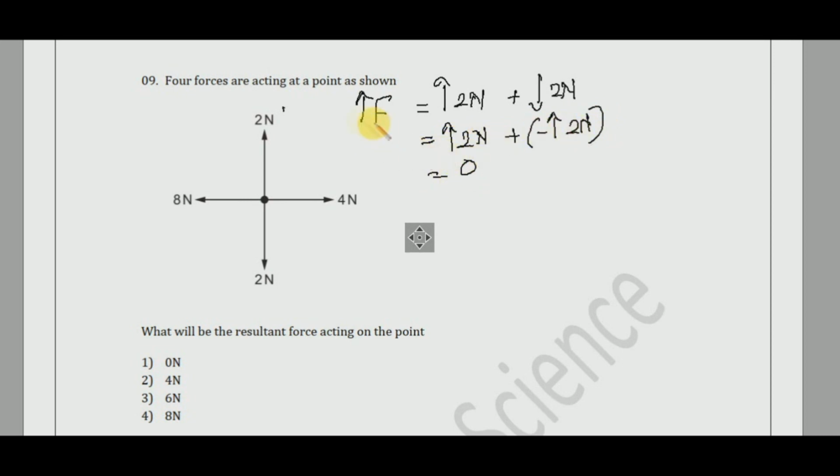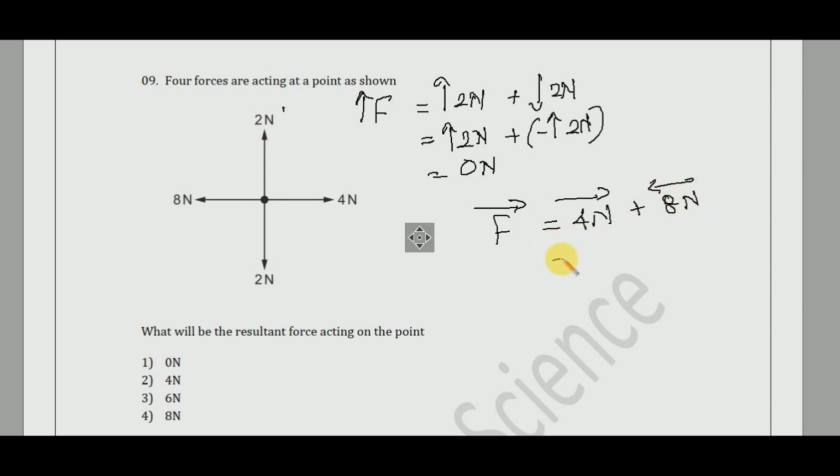So vertically you can see there's no force acting. But let's see horizontally, the horizontal resultant force. You have a force of 4 Newton to the right side and 8 Newtons to the left side.